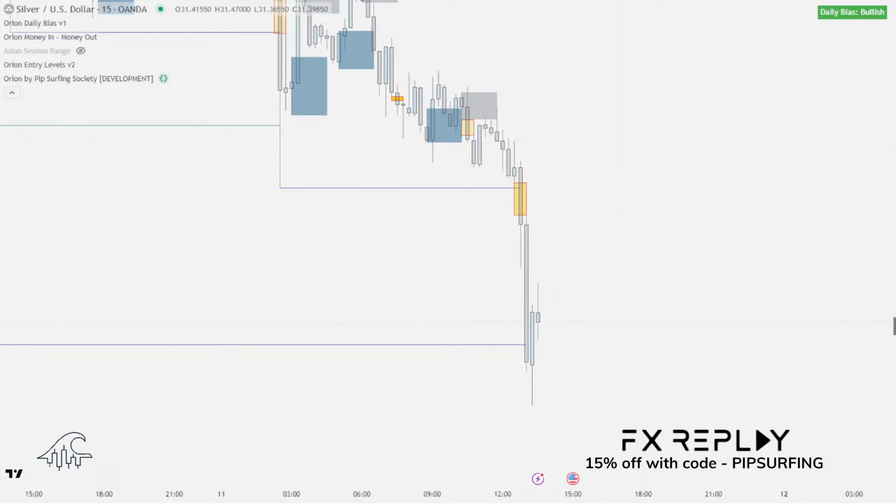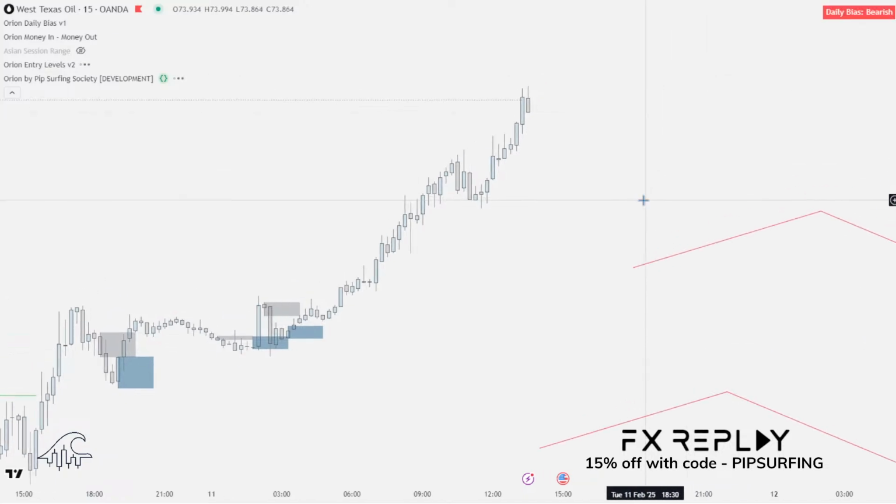We're bullish on this, baby. We're bullish. All right, we'll go back here to oil because we have some potential that we could open up a gap now.